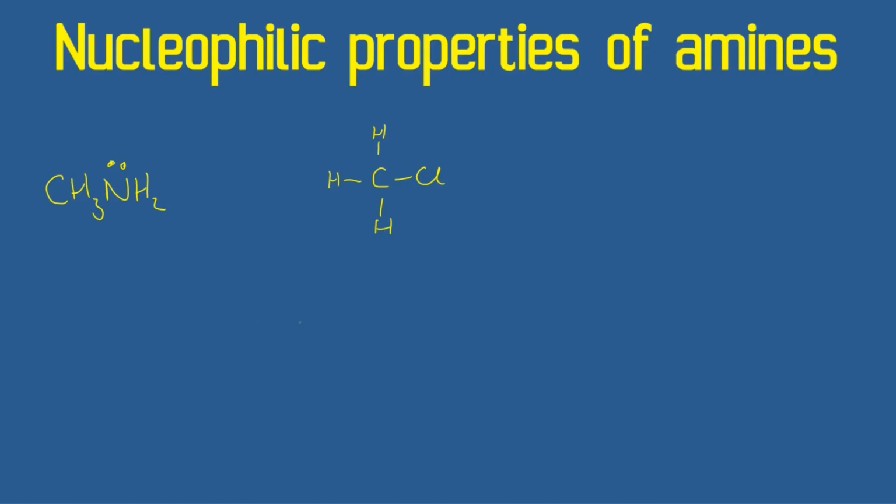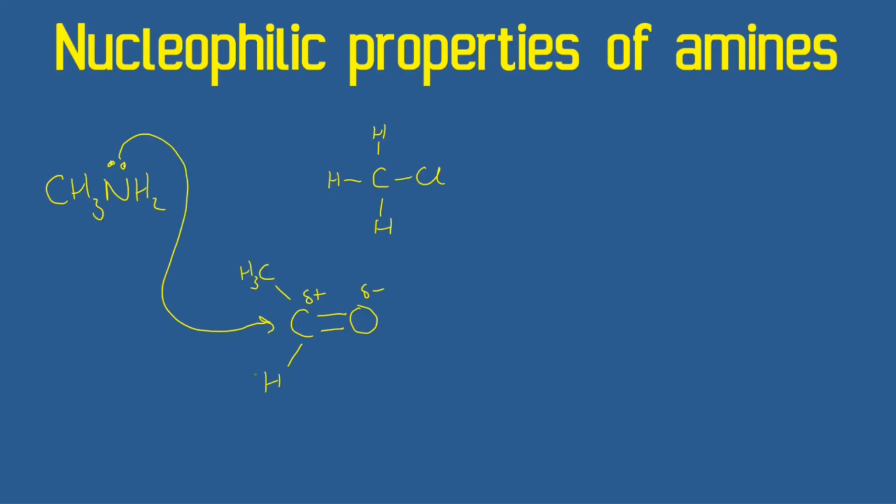The other one might be if you have a carbonyl, because we've looked at these before. We know that within a carbonyl compound we've got a polar bond here. So this might be, let's just call it ethanol here, for example. In ethanol we may get a lone pair coming in attacking the carbonyl group here.